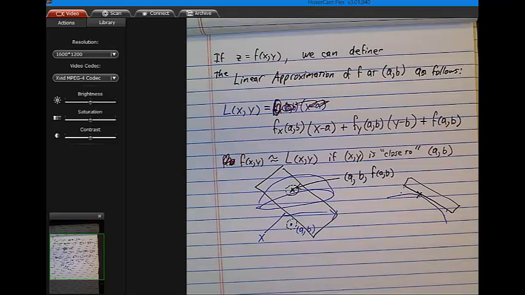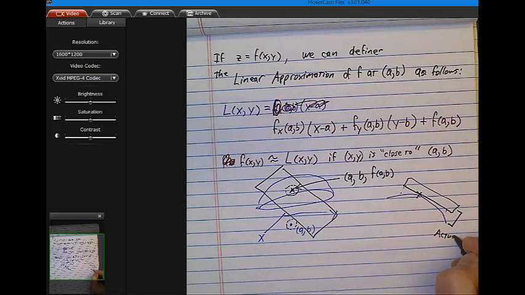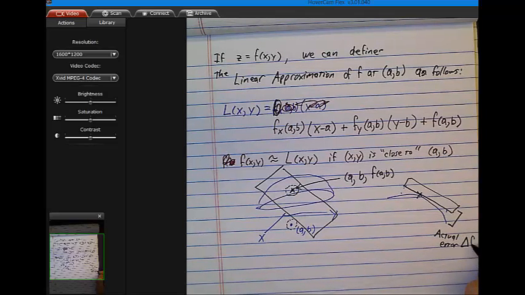Okay? So, just some notation here. The actual error you might call delta f, right?